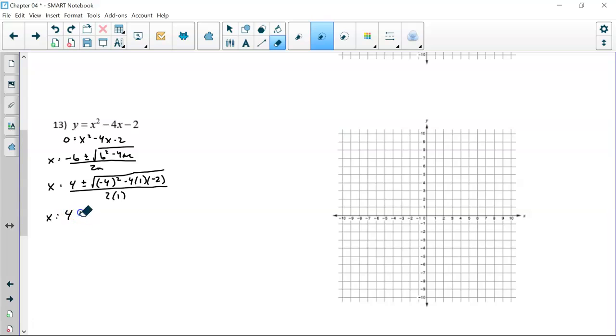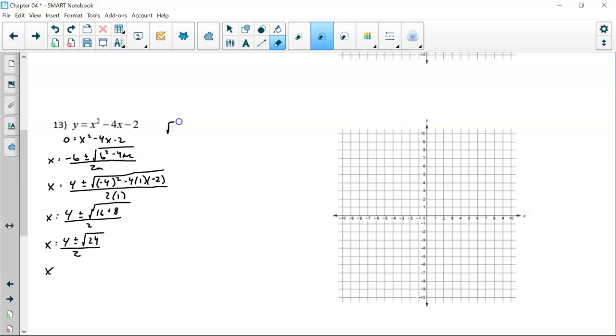So it's 4 plus or minus the square root. Negative 4 squared is 16 plus 8, all divided by 2. 4 plus or minus the square root of 24, all divided by 2.